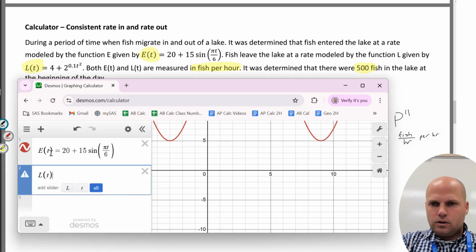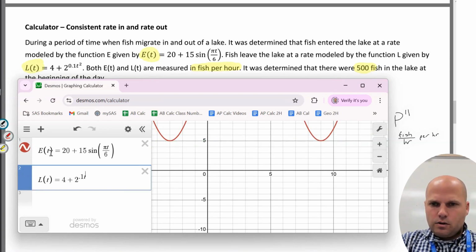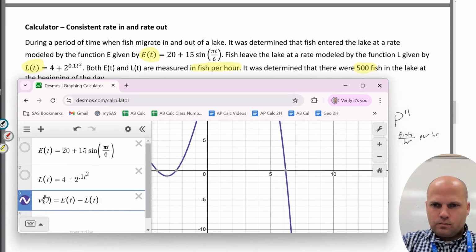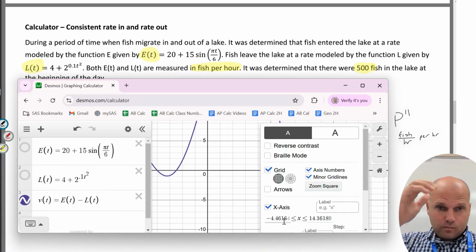L is 4 plus 2 to the 0.1 t squared. I don't want to see those. I want to see them at the same time. I do want to see these.